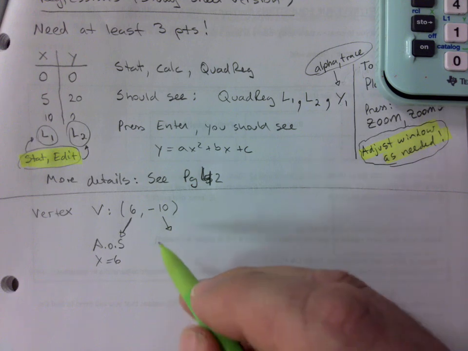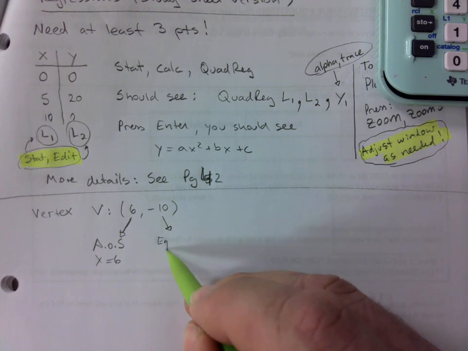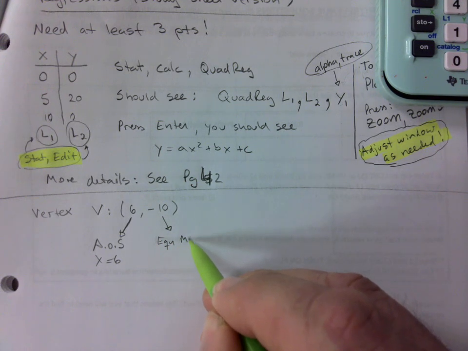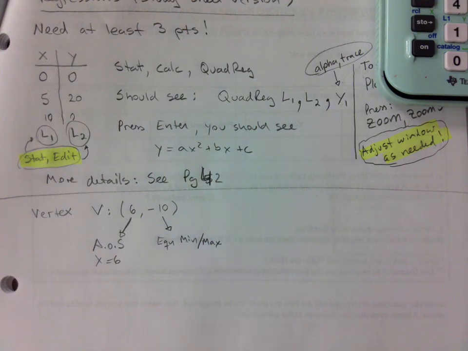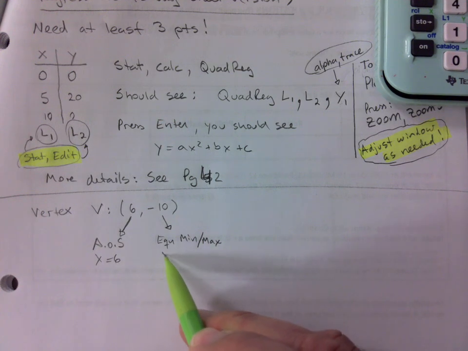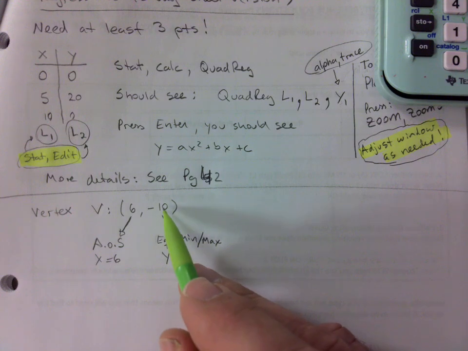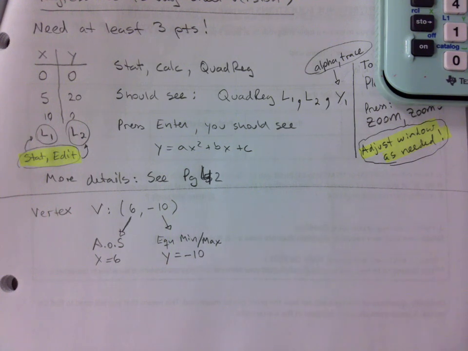This gives you the equation of min or max. There is only one. I want you to know which one it is. One is not applicable, the other one is answerable. Regardless, it would be y is equal to this. So those are two equations.